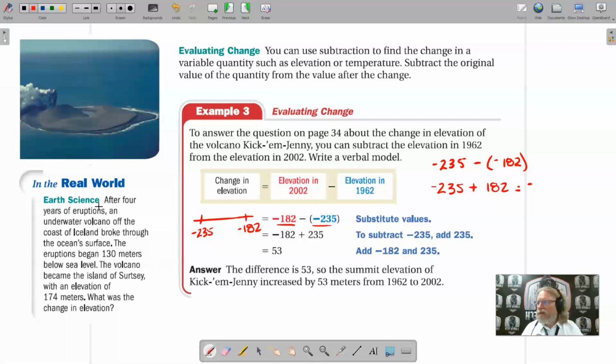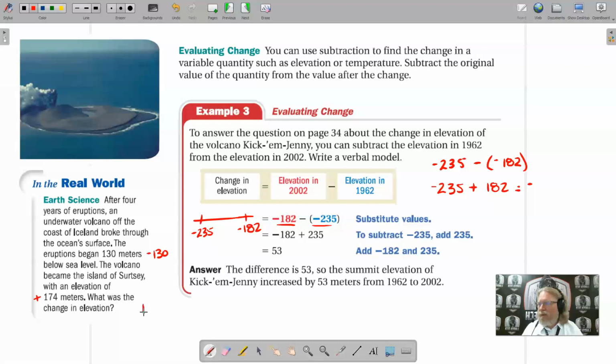So if we looked at this one over here, after 4 years of eruptions of the underwater volcano, it says the eruptions began 130 meters below. So this is like negative 130, right? And now it has an elevation of 174, and it's above water, so that's plus 174.